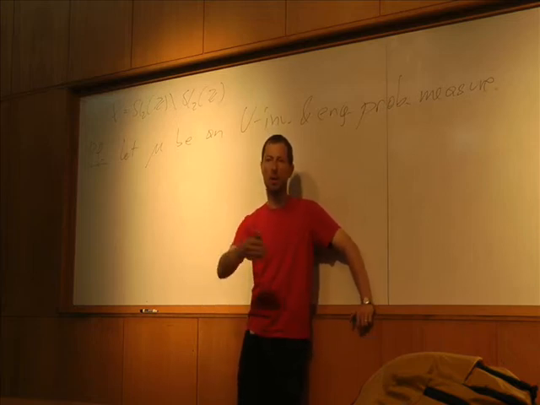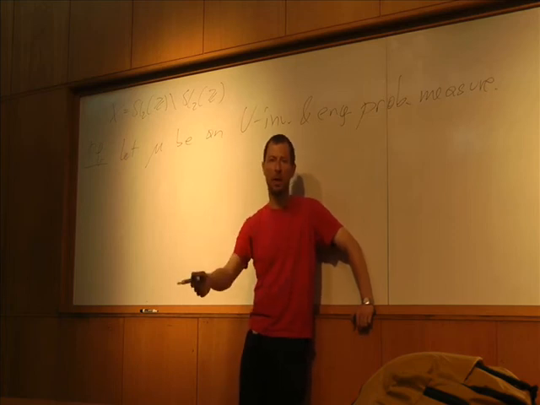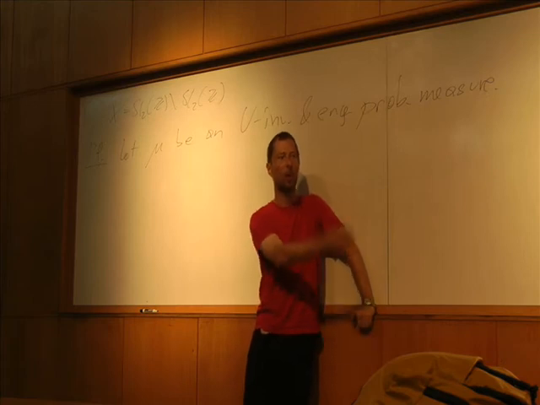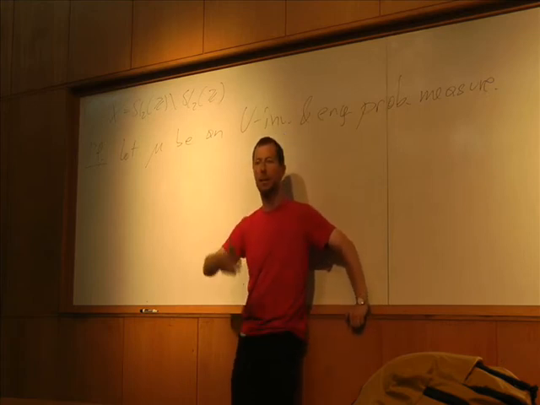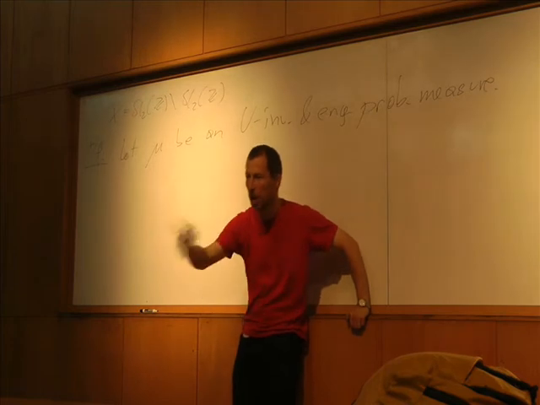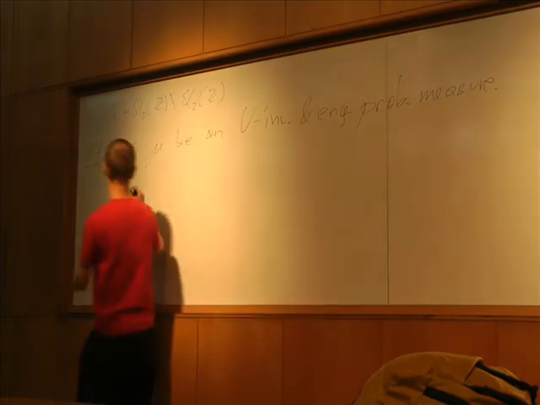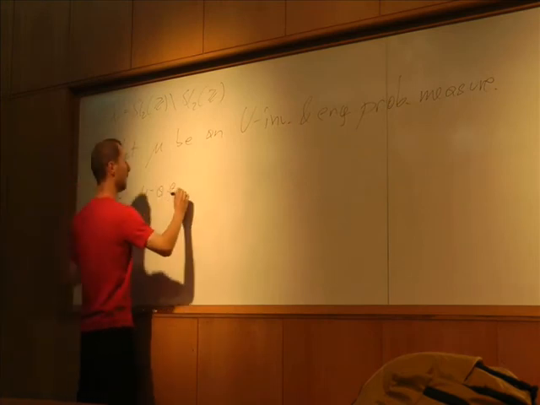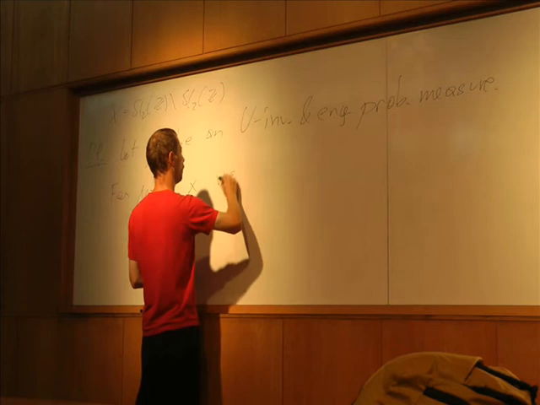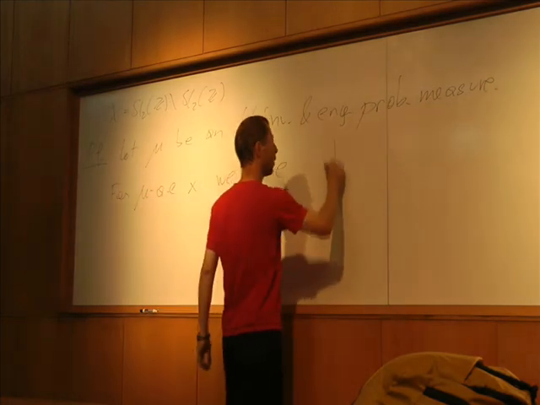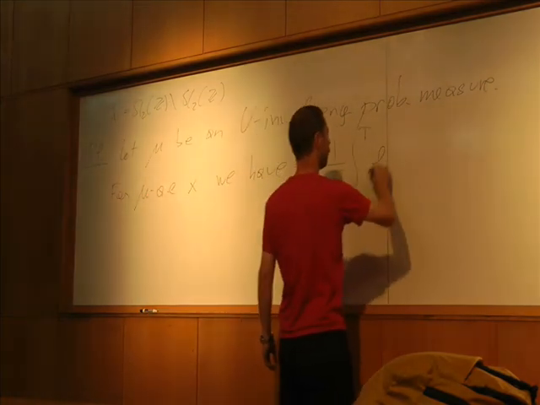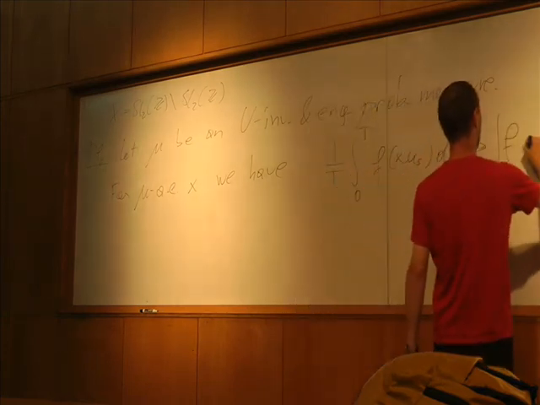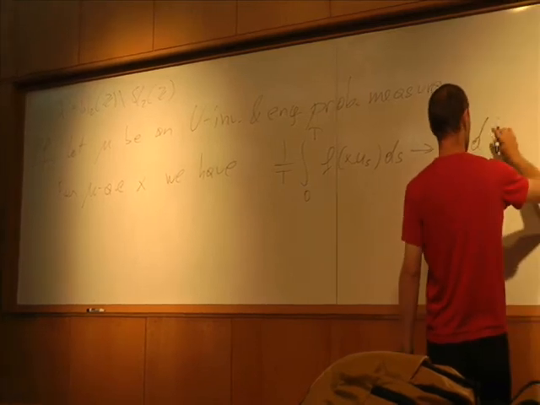That is quite easy because the space of continuous functions is separable, so you just choose a dense subset, use the ergodic theorem for each one of these elements, and then do an approximation argument to say that for mu almost every x, we have 1 over T integral 0 to T of f of x u_s ds converging to the integral of f d mu.